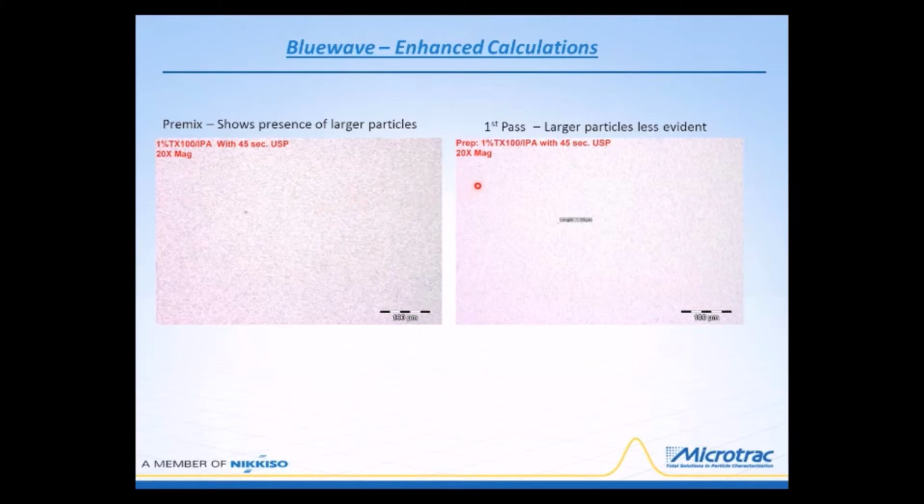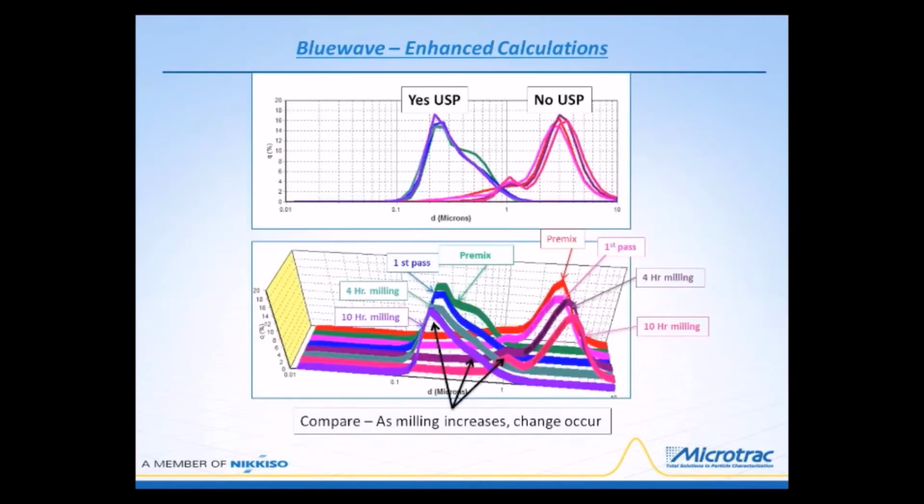But even during the first pass of taking this material and trying to make it smaller, the first pass through a mill, you can see that the particles have now started to get smaller. The length has started to decrease, and so this is starting to show the information that the customer was searching for. They were not able to achieve good particle size measurements with the procedures they were using.